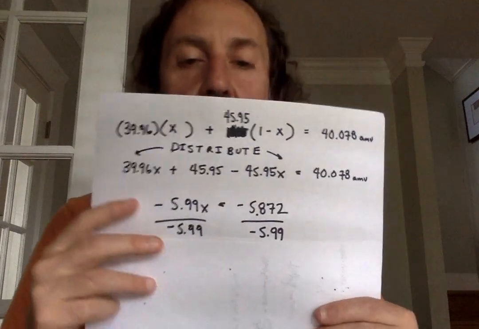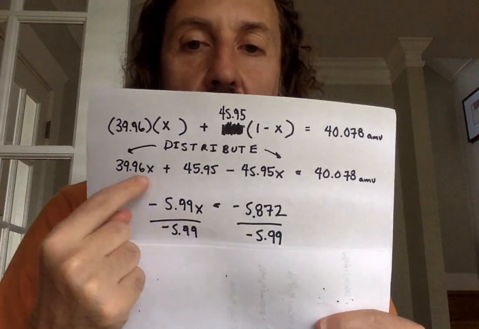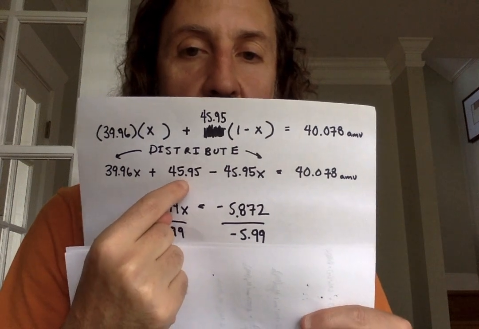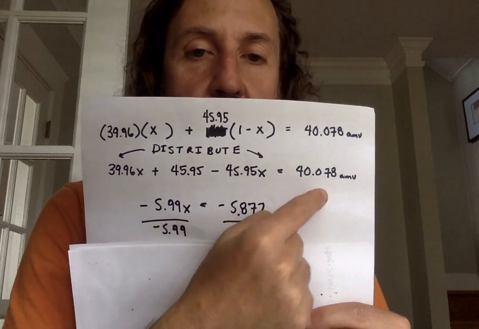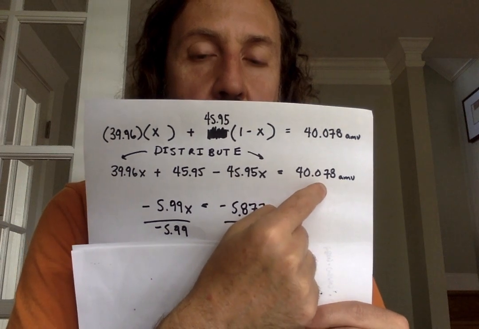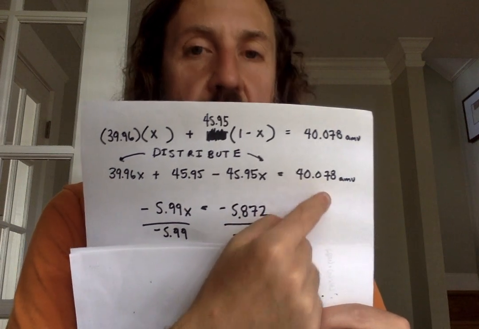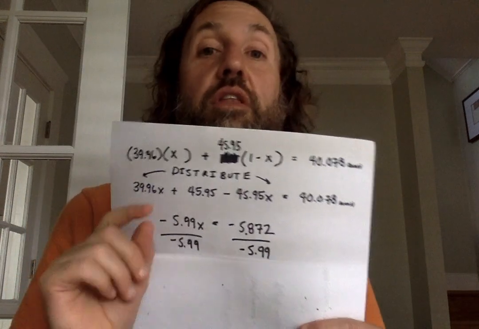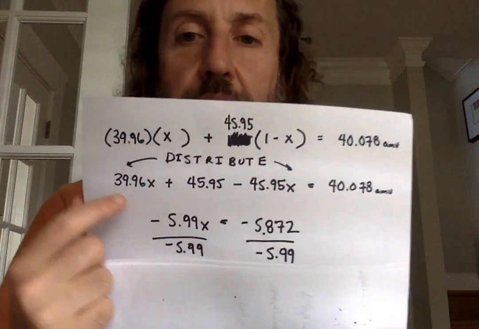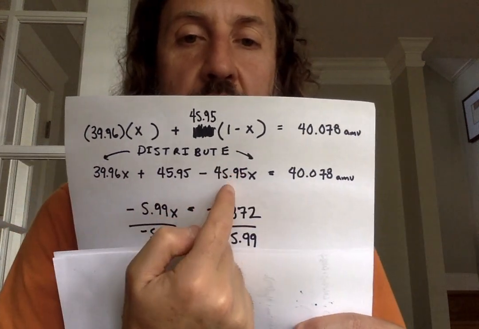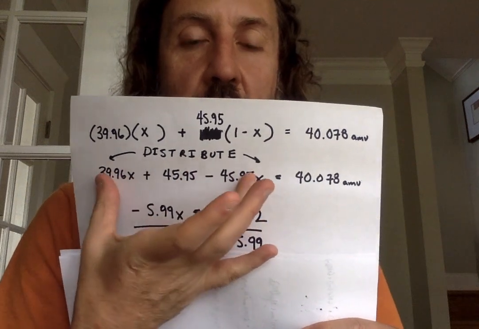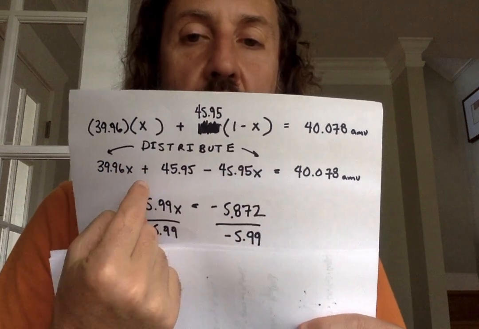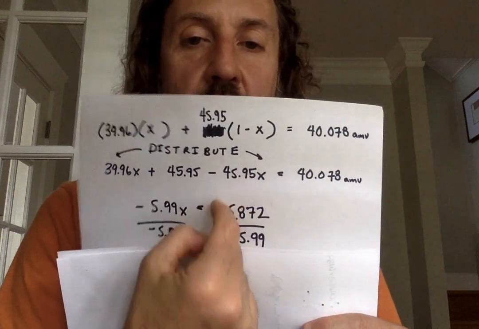What you do is you combine those terms. Take that 45.95 and subtract it from the 40.078 to move it over to that side. Then take 39.96 minus 45.95, those are your two x terms, and you just take this minus that and leave the x on there.